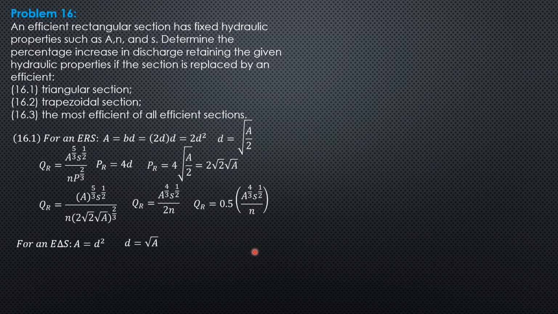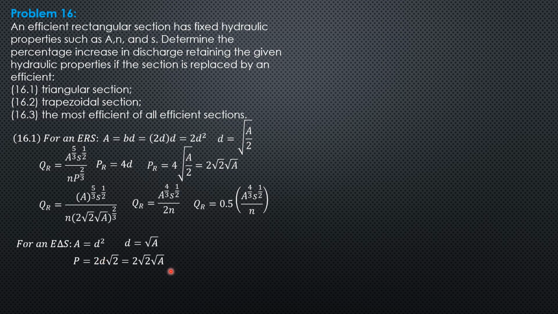So that means D is square root of A. The perimeter is 2 times D square root of 2. The slant side is D square root of 2, so times 2. So 2D square root of 2, and D is square root of A.